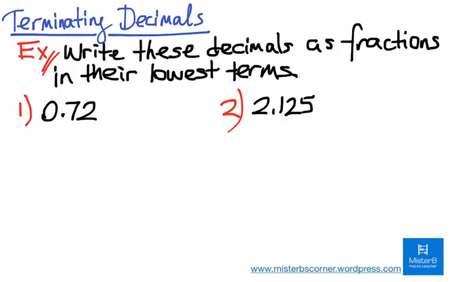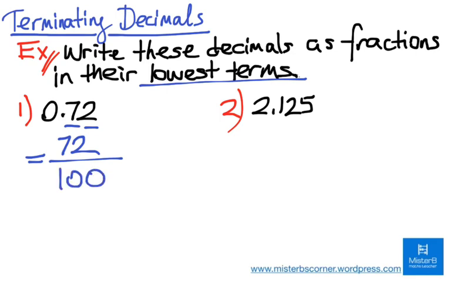Now let's look at these. Write these decimals as fractions in their lowest terms, meaning write the simplest form of these fractions, right? So this is going to be 72. I'm going to consider this as an integer. Over, there are 2 decimal places, so it's going to be 2 zeros after 1, so it's going to be 100.